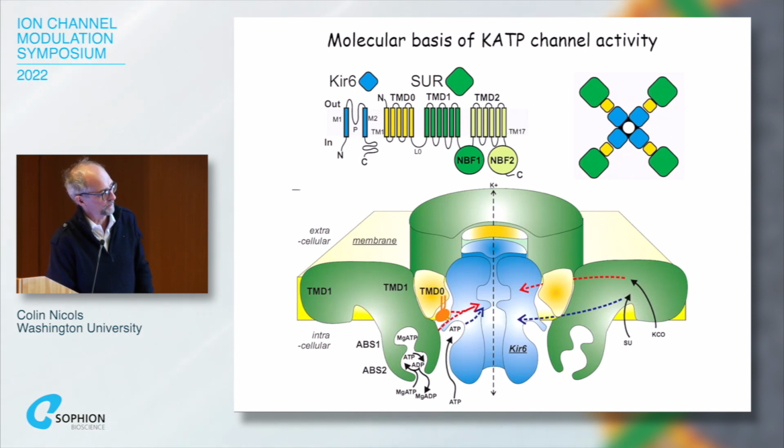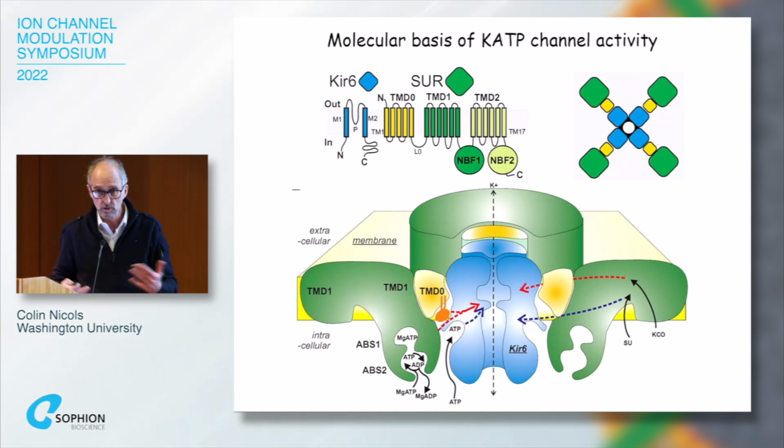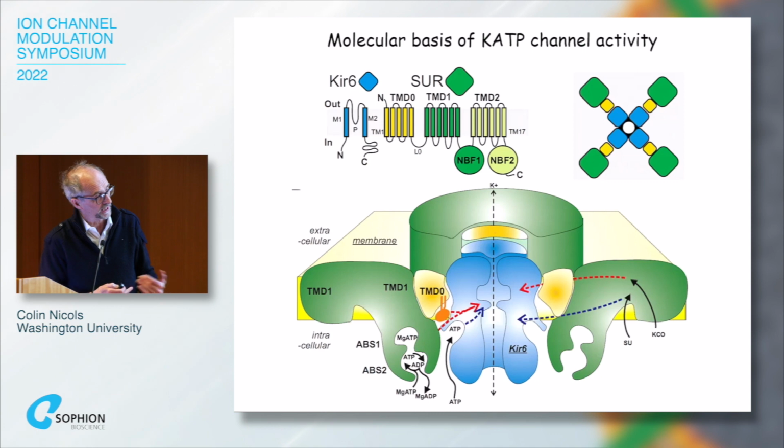So what we think happens, and it's still incompletely worked out, is that magnesium ATP binds here, it's hydrolyzed, generates ADP, and that ADP-bound post-hydrolytic conformation of the sulfonylurea receptor subunit is transduced to the channel to cause channel opening, overcoming the inhibition. So the physiologic regulation of the channels is by the ADP to ATP ratio. It translates into the channels tending to open when metabolism drops.